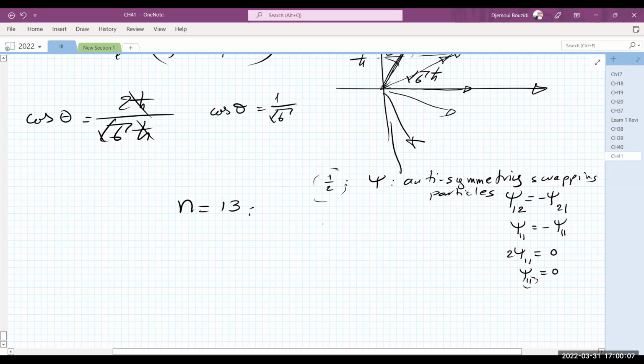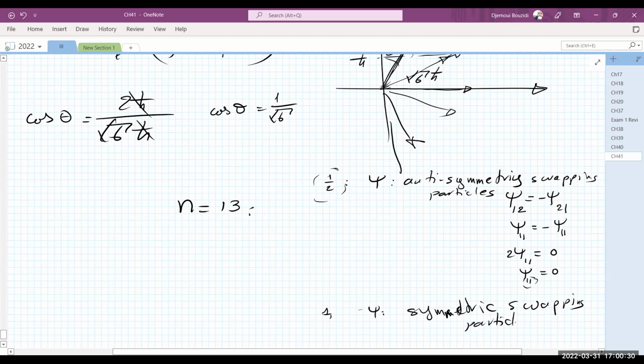Because of the antisymmetry, 2 particles that have half-integer spin cannot exist in the same quantum state. This is not true for integer spin, like for example the photon and other particles. When the spin is integer, the function is symmetric under the swapping of particles.